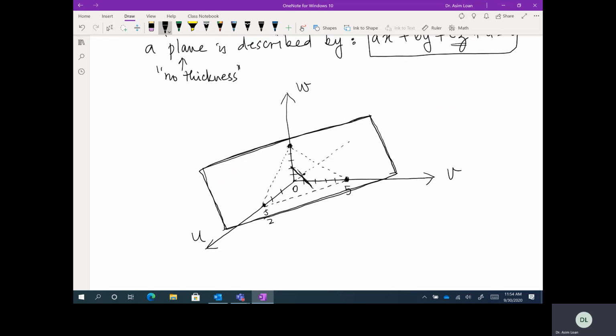This is in the UV plane. This is not along the W axis.